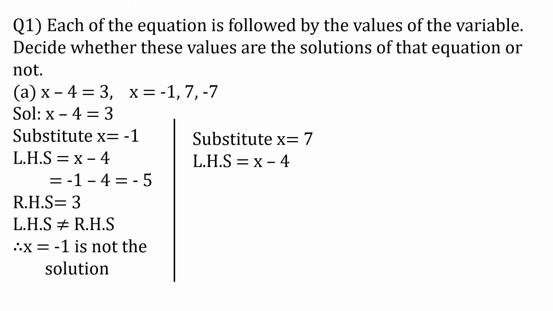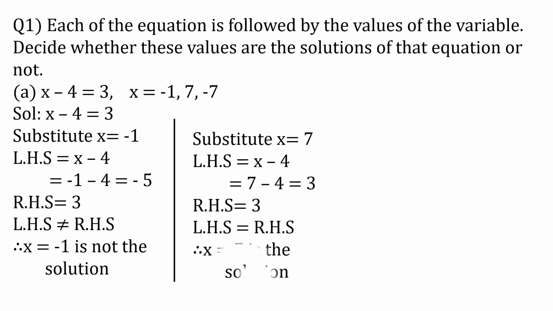Substitute in place of x as value 7, that is equal to 7 minus 4. So you'll get answer as 3. So student, your right hand side given in the equation is 3. So left hand side is equal to right hand side. So x equal to 7 is the solution of the equation.